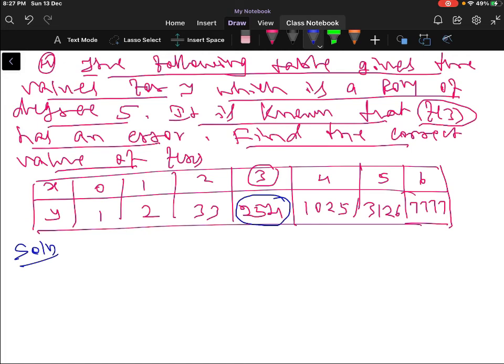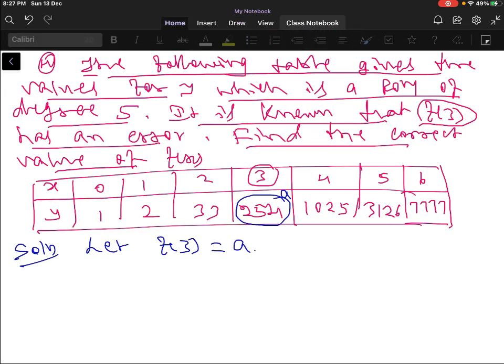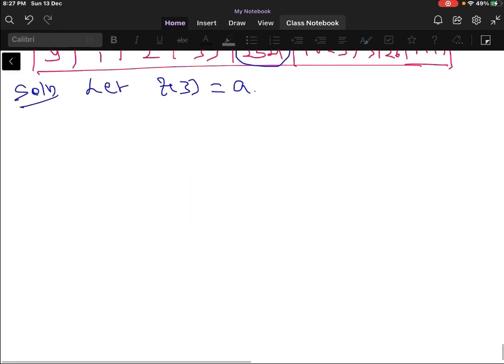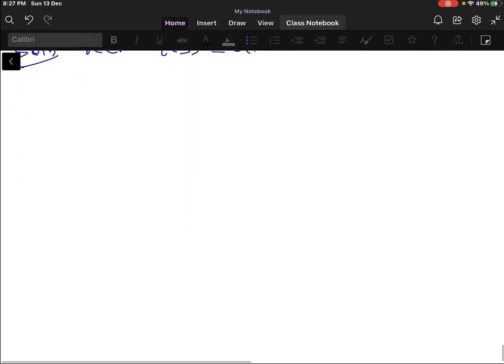So you have to find the correct value of y at x equal to 3. So now instead of 254, let us consider the unknown, that is a. Let f of 3 be a. To find the correct value of y at x equal to 3, let us use the forward differences. Now let us construct the forward difference table.